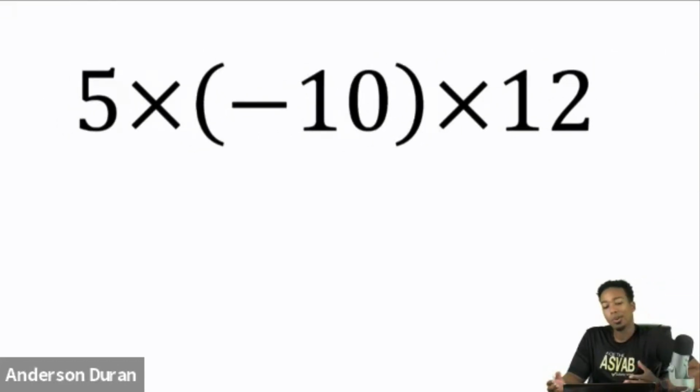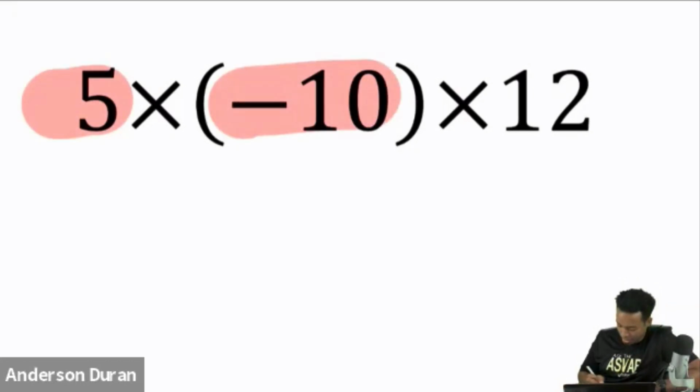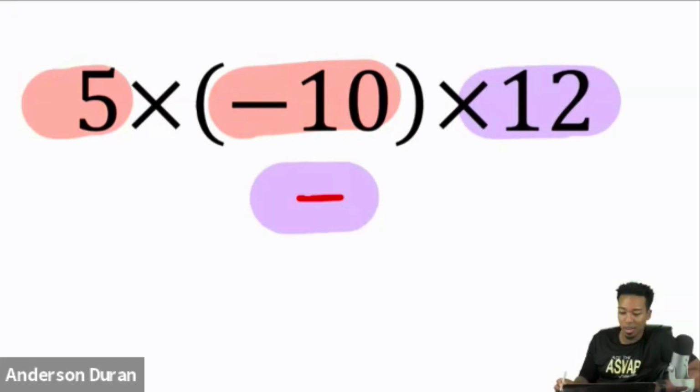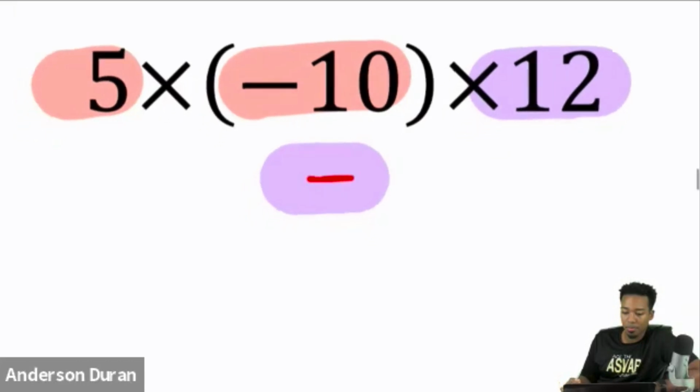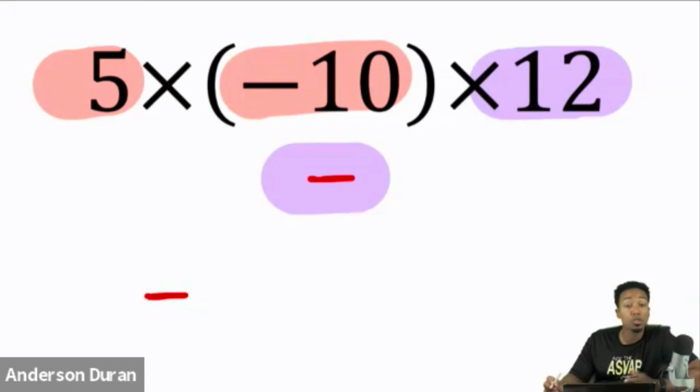Oh, we got 3. Look, when we have 3, everybody, the easiest way to handle this is to go ahead and take care of the signs. If I have a positive times a negative, what's that going to give me? A negative. And if I have a negative times a positive, what's that going to give me? That's it, negative. So I'm going to end up with a negative number at the end. Notice what I did.